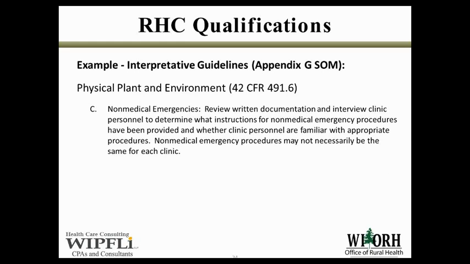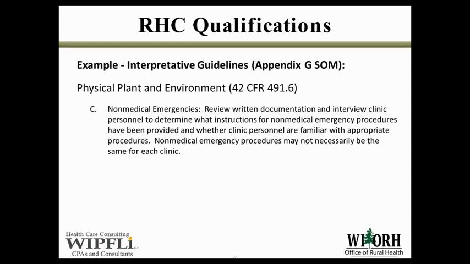So in order to meet that requirement for non-medical emergencies, the clinic is required to have written documentation as well as policies and procedures in order to demonstrate that their staff has been instructed around what to do in the event of a non-medical emergency such as tornado, hurricane, flood, or fire.